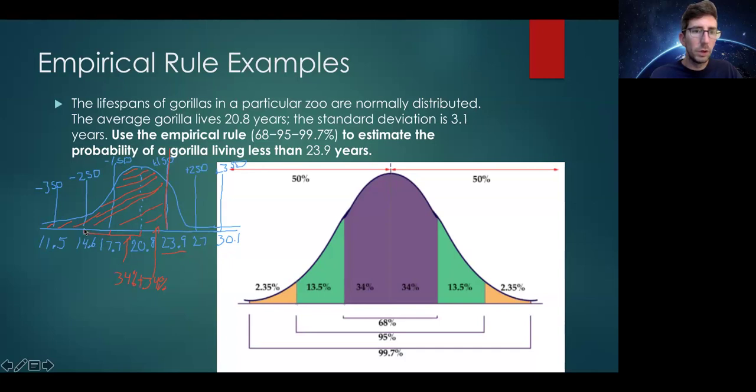And then if we go from one standard deviation below to two standard deviations below, we know that's 13.5%. And then if we go from two standard deviations below to three, we know that that is 2.35.